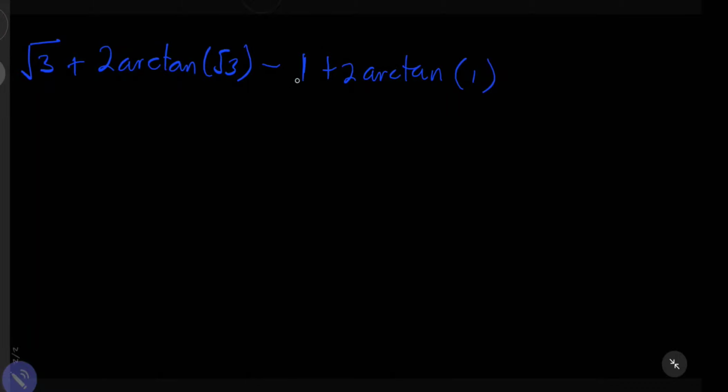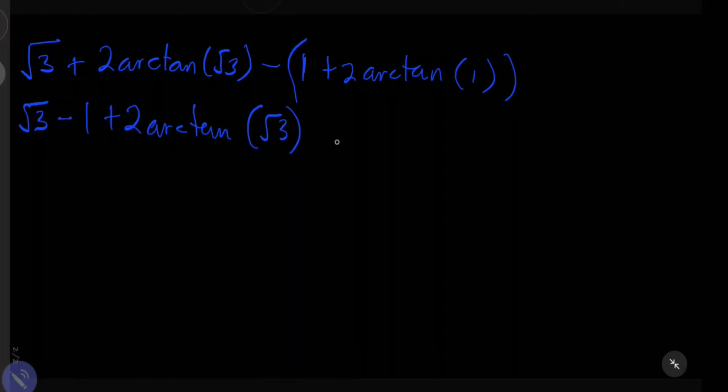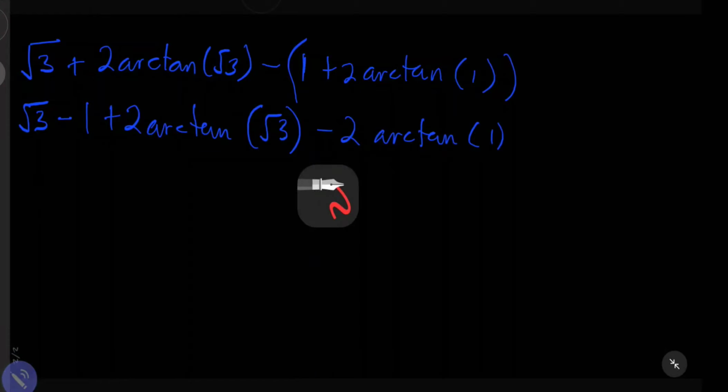So we can bring this over to this side, and we would have root of 3 minus 1, remember this is in a bracket, root of 3 minus 1 plus 2 arctan root 3 minus 2 arctan 1.